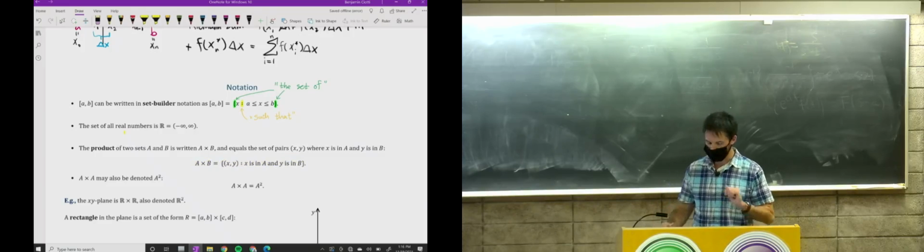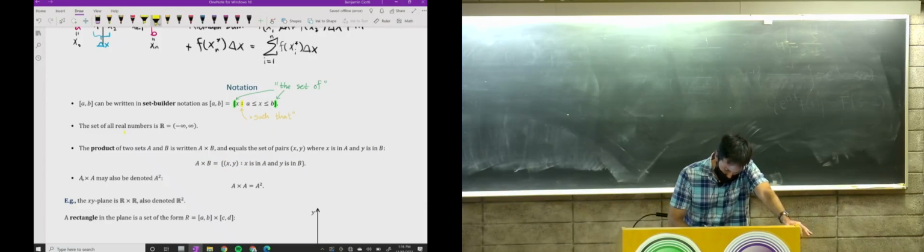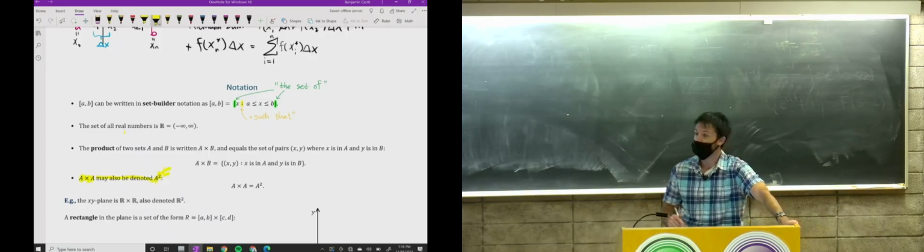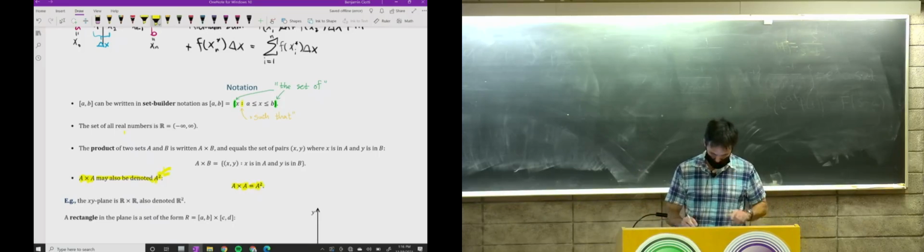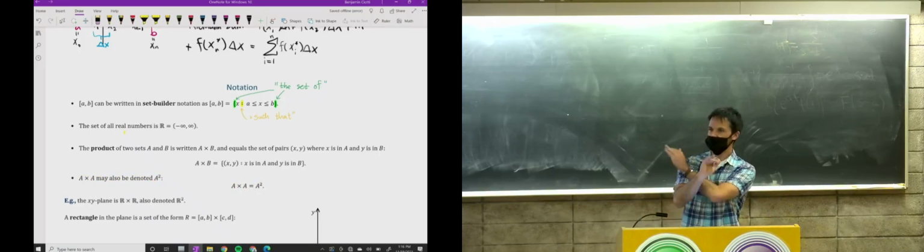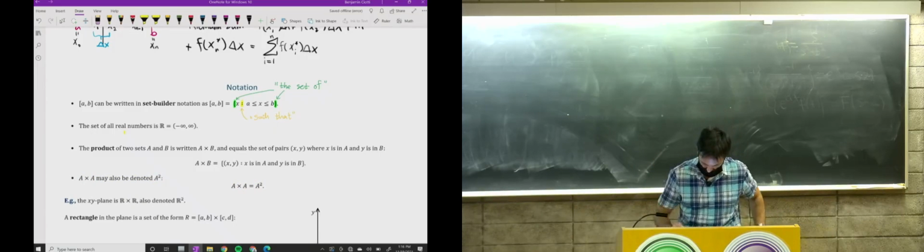If you take the product of a set with itself, say A cross A, you can also denote that with a superscript 2. So A cross A is the same as A to the second power, if you will. So in particular, we can describe the xy plane using this notation.